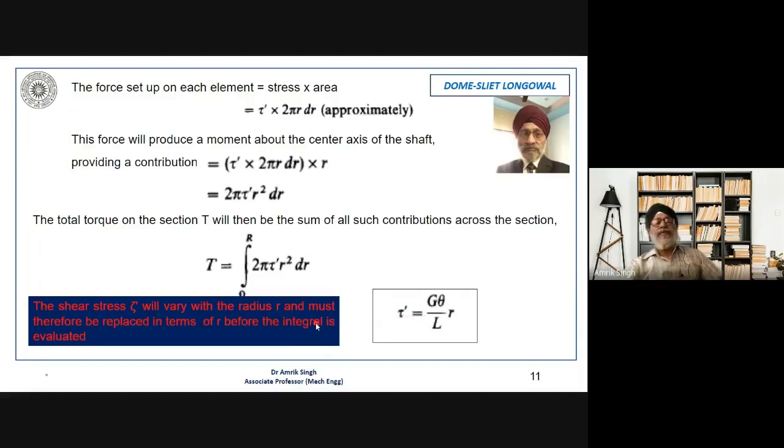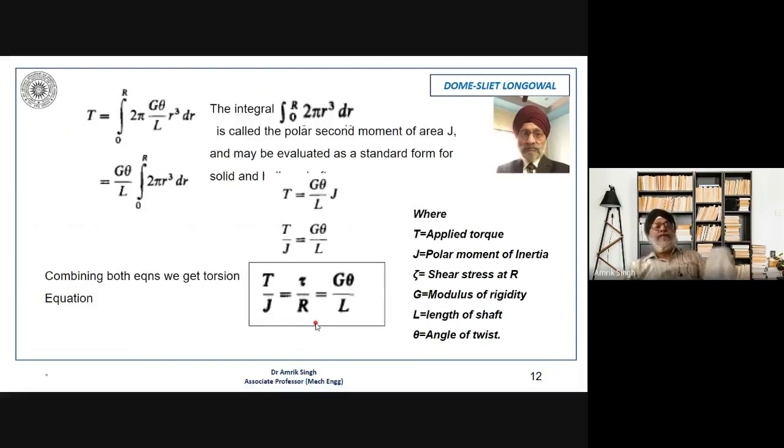So instead of tau dash and r square we get the integral of 2 pi r cube, with G theta upon L.